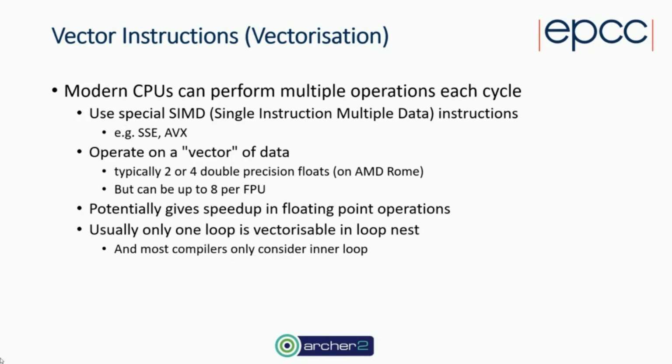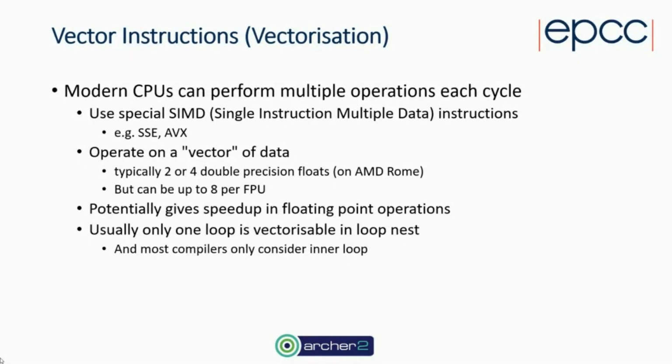What they're doing is generally 4 or more double precision floating point operations at once. And actually, the latest Intel processors have 512-bit vector units, which will do 8 double precision floating point numbers at once.